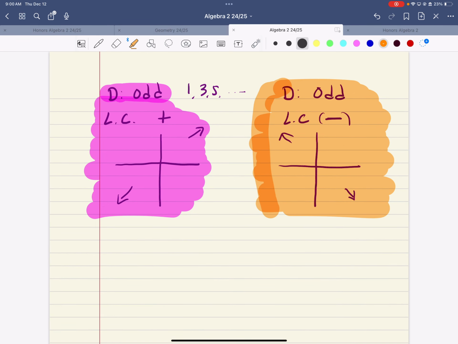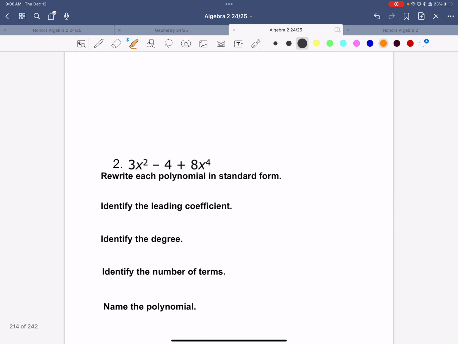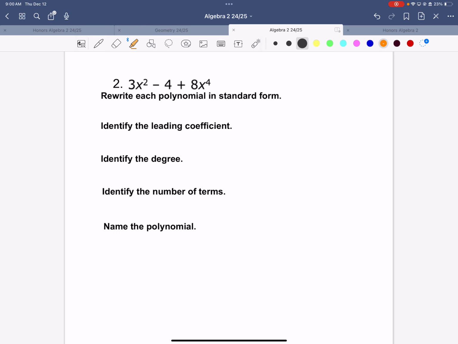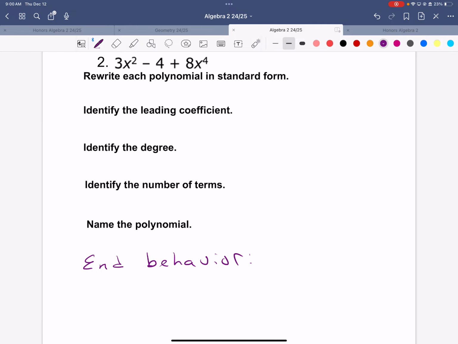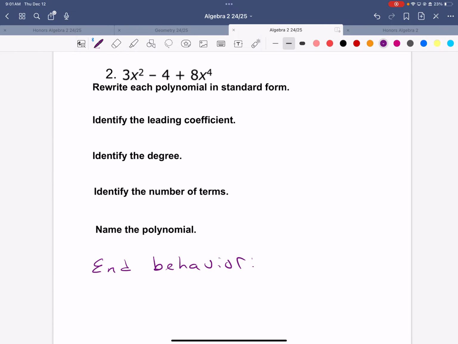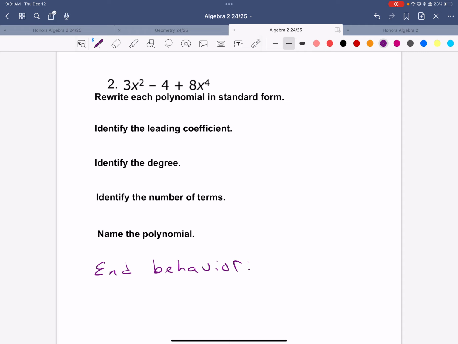Okay, so now let's go back to the question that we skipped. I'm going to add the end behavior onto this one. So we're going to rewrite this polynomial in standard form, identify the leading coefficient, identify the degree and number of terms, name it, and now we're also going to give its end behaviors.